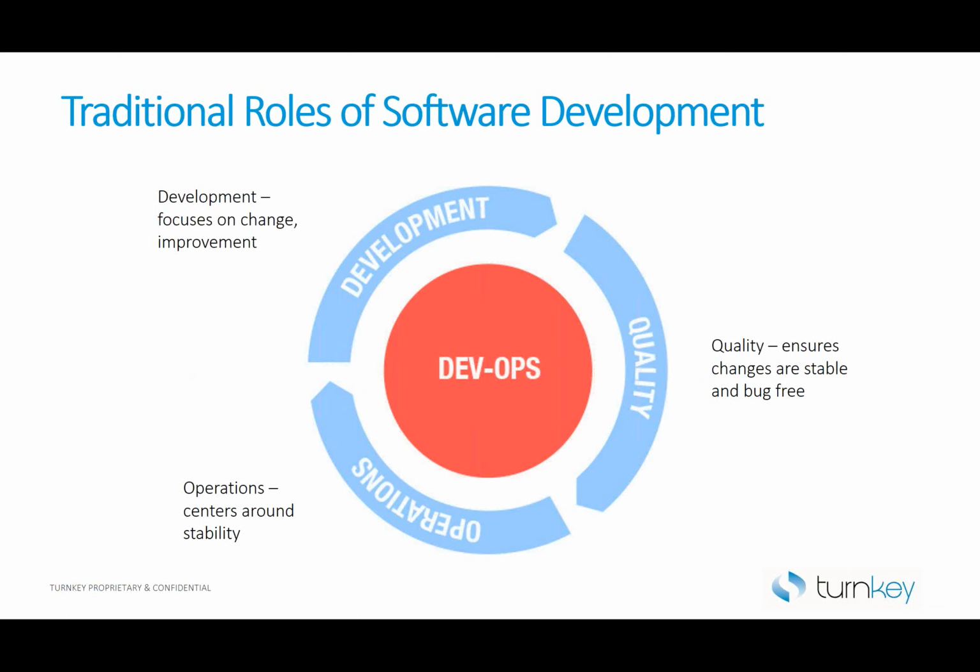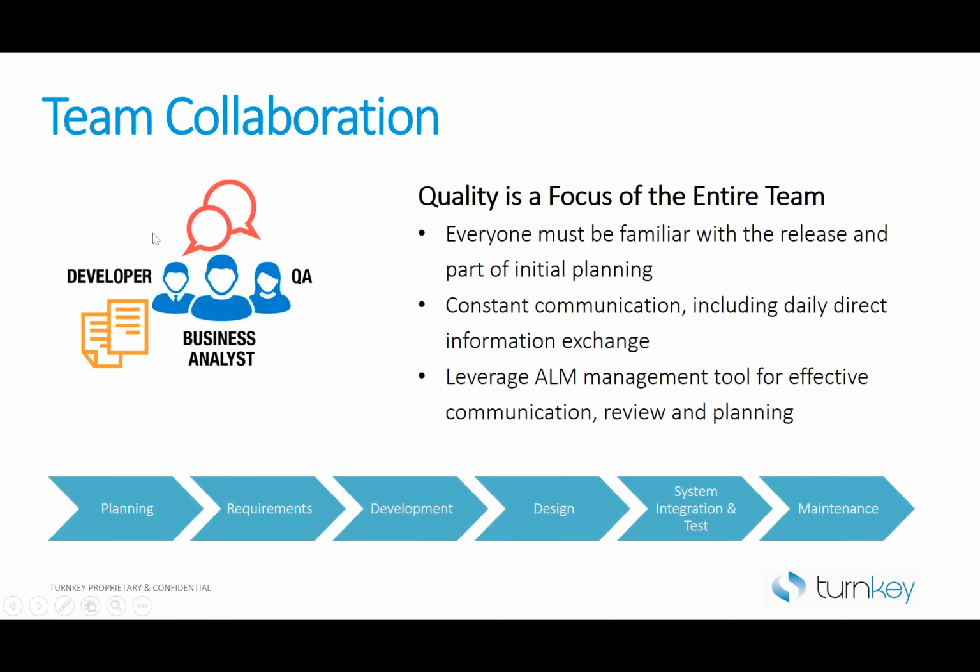Quality is then typically handed off that work, and their job is to ensure changes are stable, bug-free, that the application works as expected, and that it won't result in production outages, bad customer experience, etc. And then operations, of course, operates these applications, runs the business, and it centers really around stability. Want everything to work and work seamlessly as it's intended to be. And of course, this process, as the picture depicts, is circular, and you go through, resulting in change and improvement again.